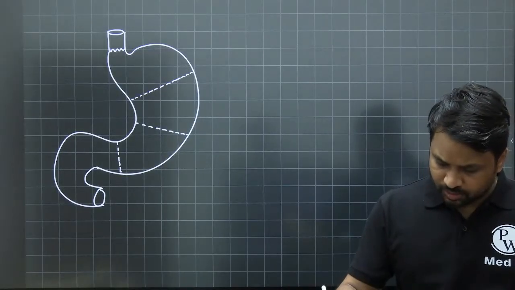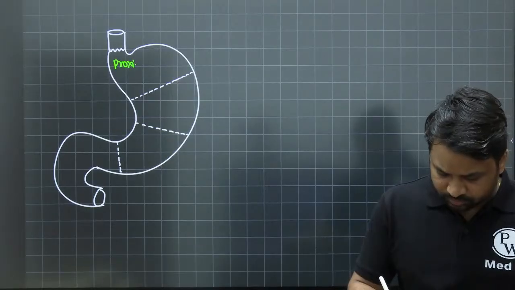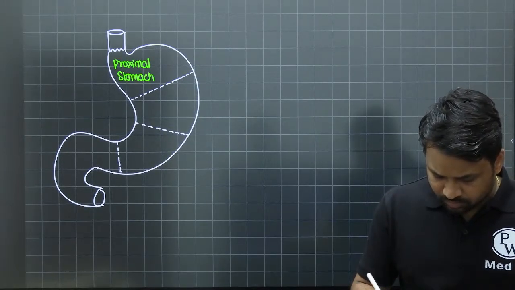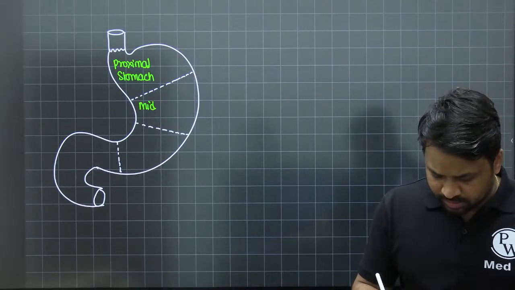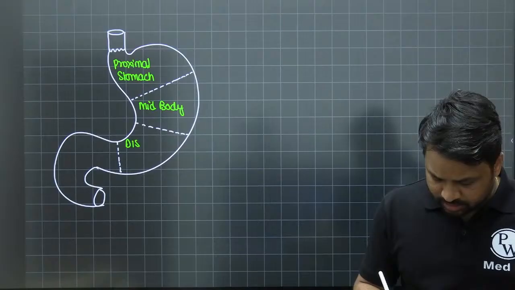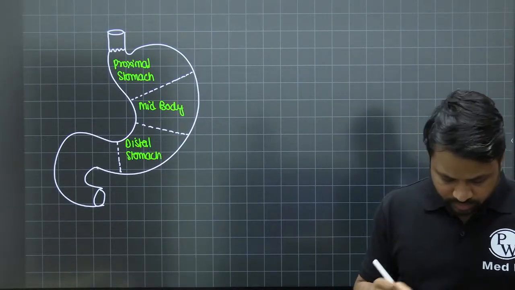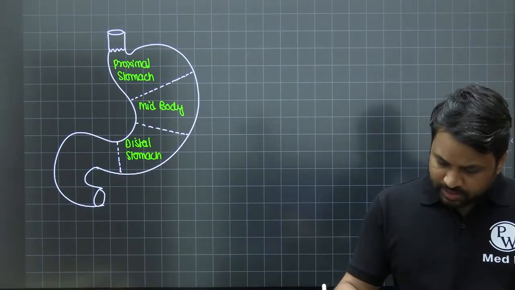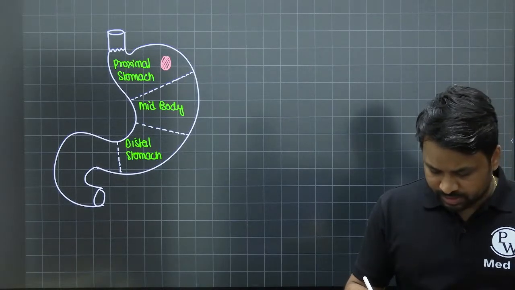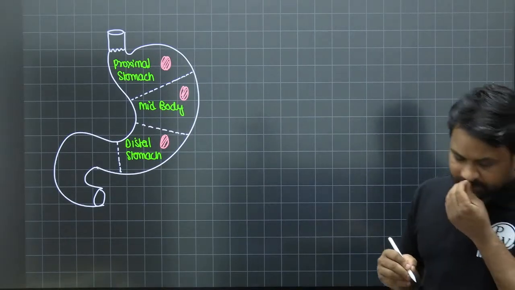So this is what we call the proximal stomach. This is going to be the mid body. We'll see where the tumor is present. If the tumor is present in the proximal part, is it present in the mid body, or is it present in the distal part, right?